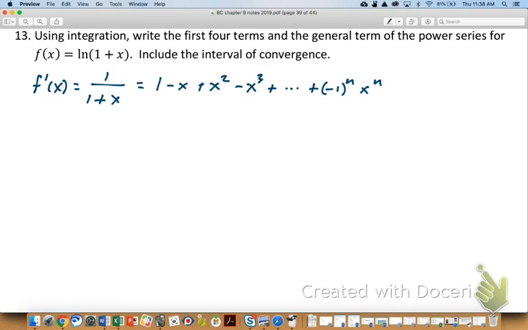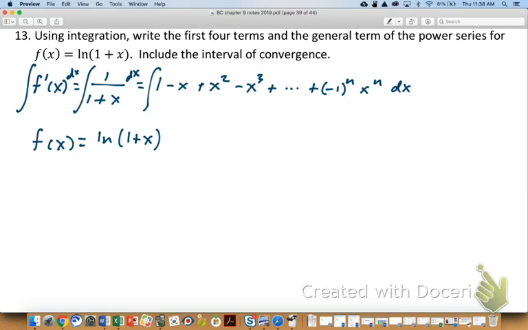So if I integrate both sides, or technically the way that I've written it here, all three sides, because I connected these with a couple of equal signs, I can now say f of x equals natural log of 1 plus x. Hardly a surprise, we already knew that.